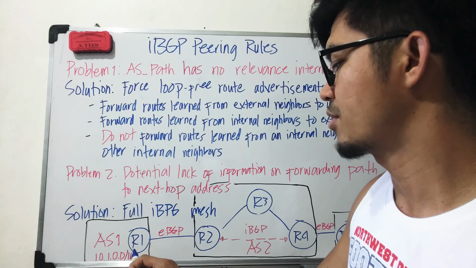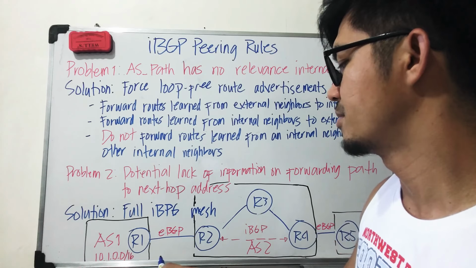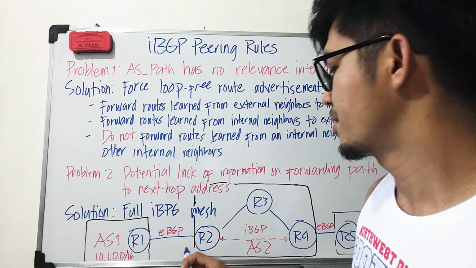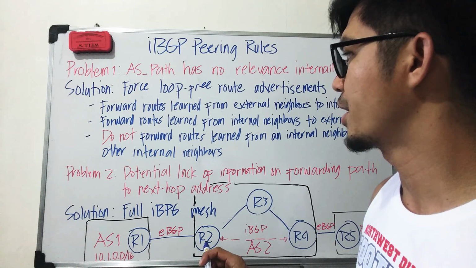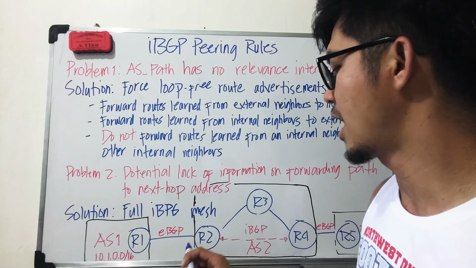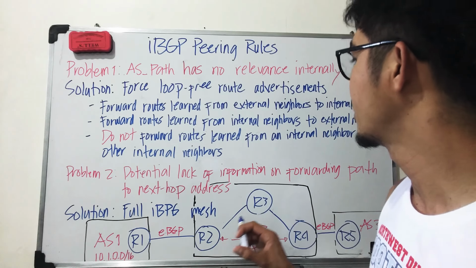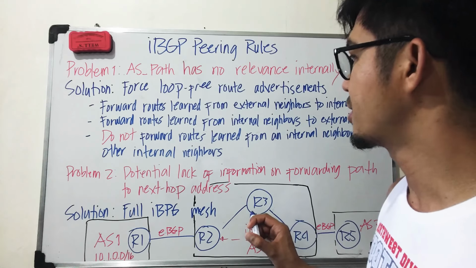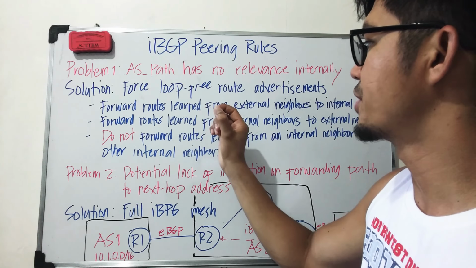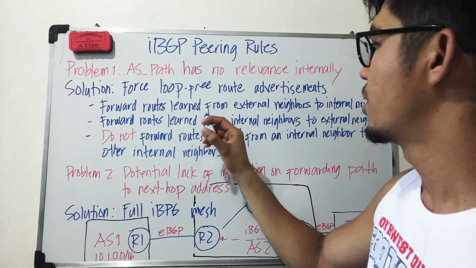R1 is trying to advertise this network here. R2 can receive that route and can forward it to R3. That's what this rule here says.